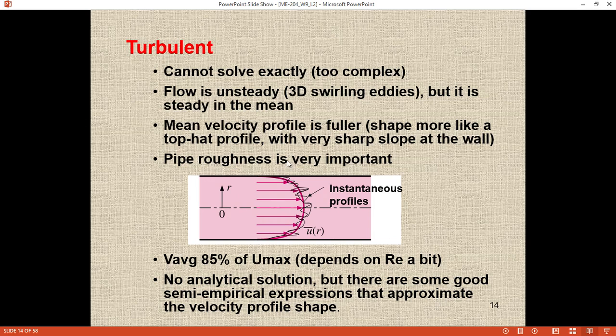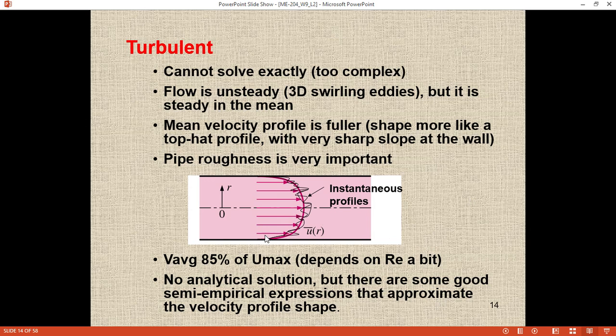So pipe roughness is very important in that case, because the pressure drop is much higher. The average velocity is about 85% of U max, and it depends on the Reynolds number a bit, so it varies.